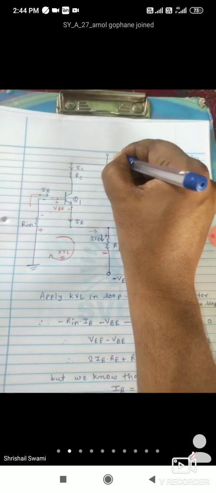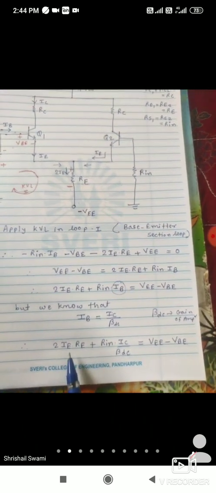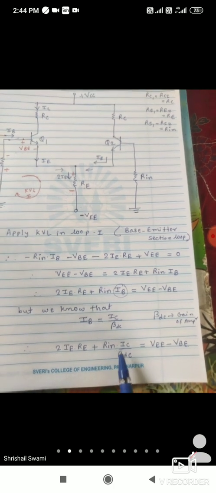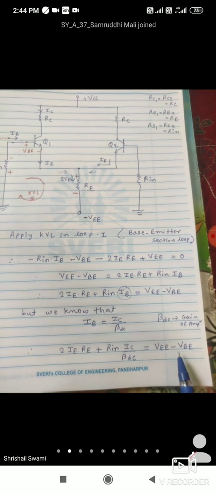Okay, now next one, the expression becomes 2IE into RE plus R in into IC divided by beta DC is equal to VEE minus VBE. Now next thing what you have to do, what is the expression of collector current or emitter current? So emitter current IE is equal to IC plus IB.